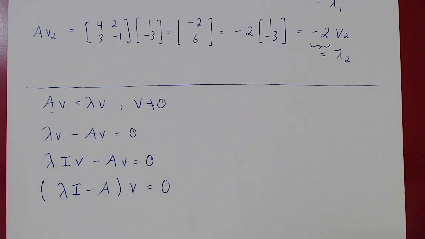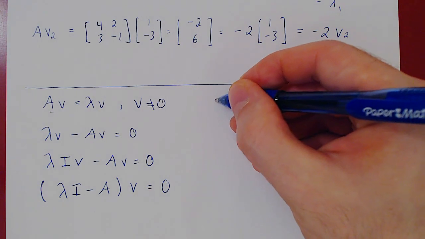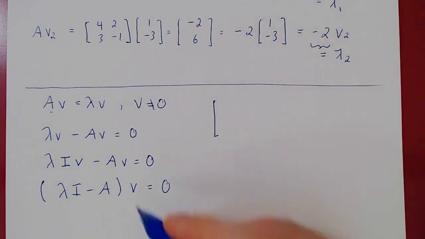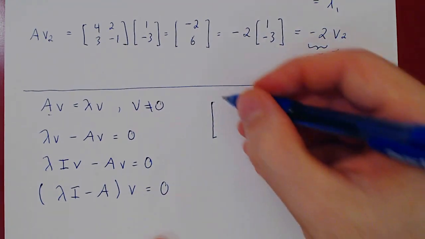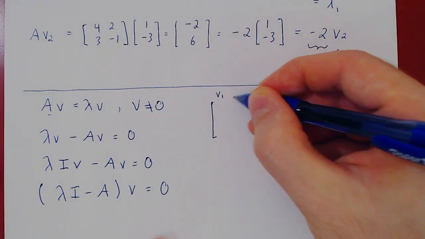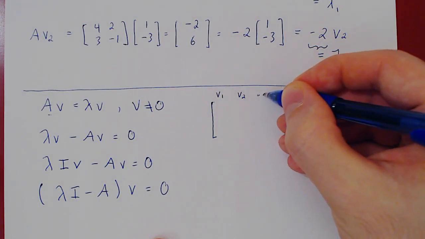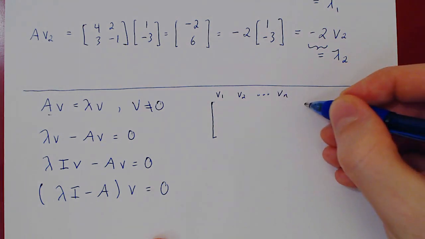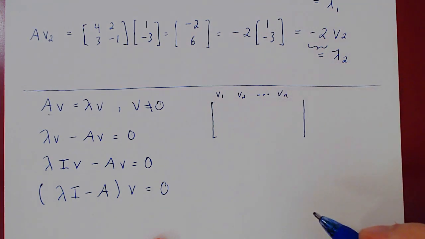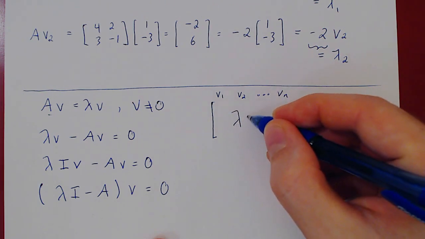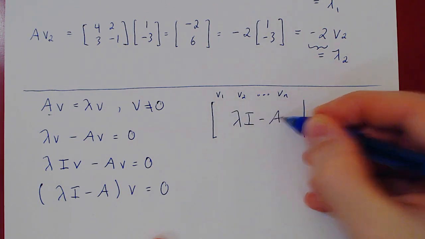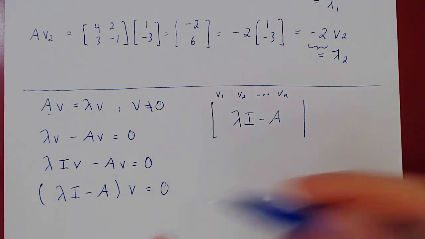If we were to solve for this, we would of course construct the augmented matrix. The vector v is the unknown, so we can write its components v1, v2, up to vn. The matrix of coefficients is lambda I minus A, and the vector of constants is the zero vector.